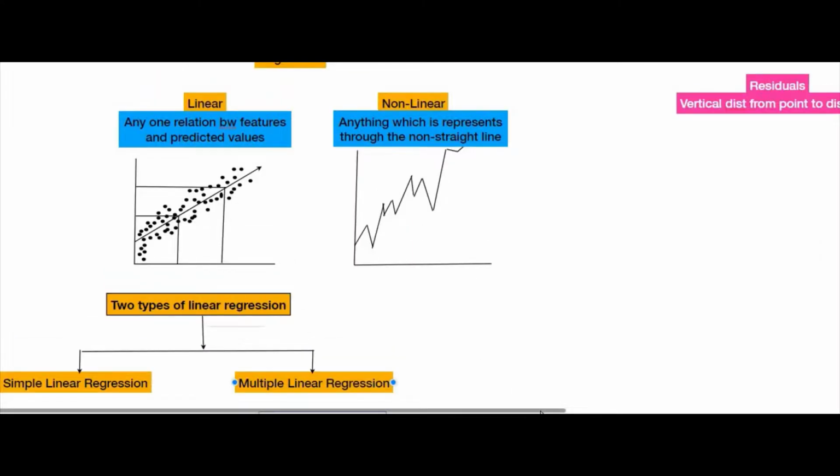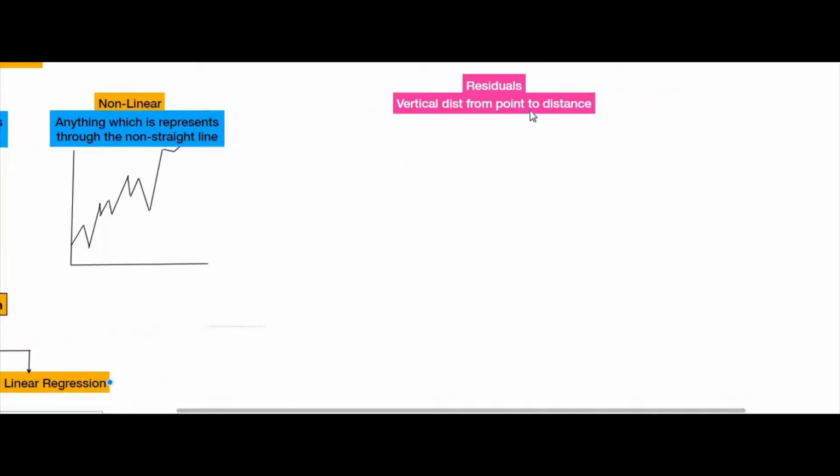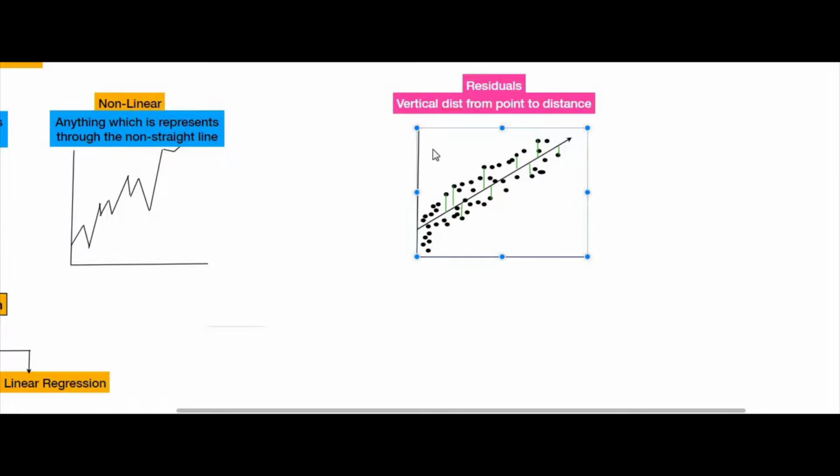Okay, now I will move to the residual. So what is the residual? Residual is nothing but error, you can say. Here you can see the chart, and this is our best fit line. These are our data points.